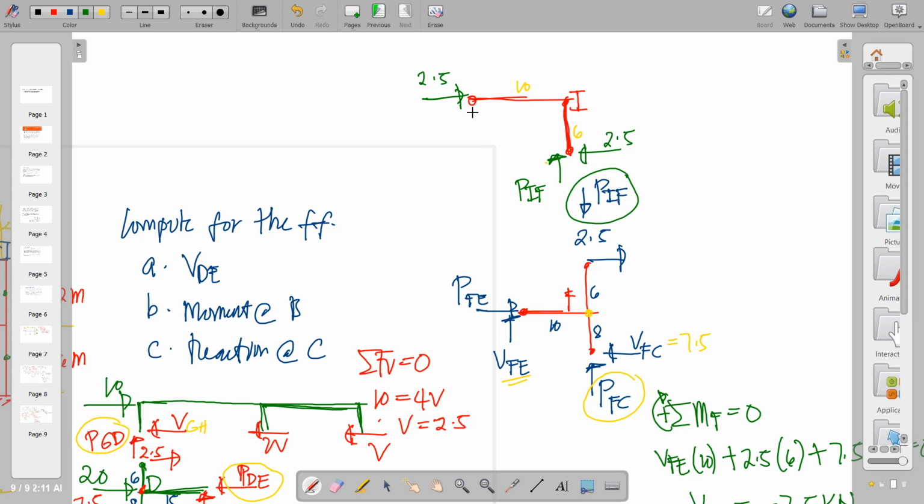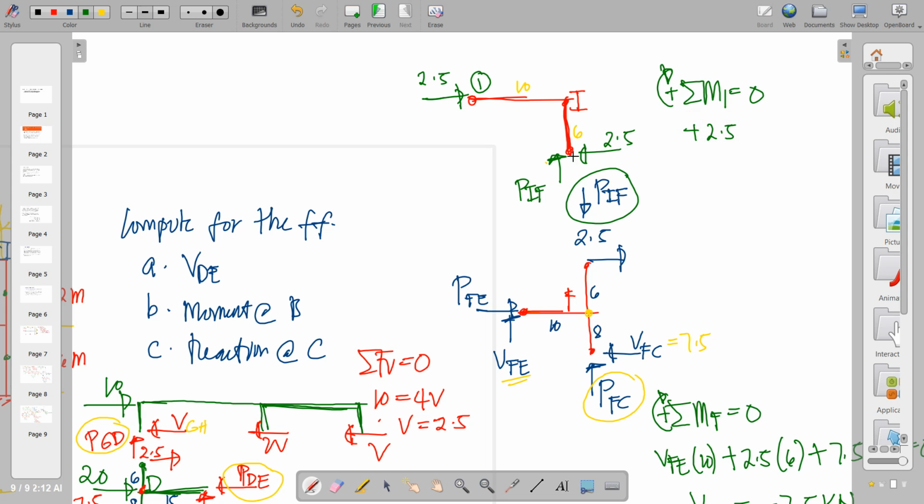Okay, so I think we need to take moments at this point. Say this point is 1. Summation of moments along 1 is equal to 0. We have negative 2.5.